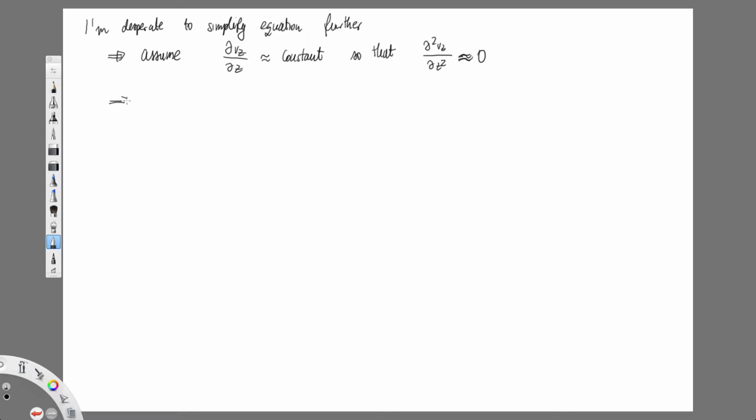And then I will get the equation minus dp dz plus mu over r d dr r dvz dr is equal to 0.